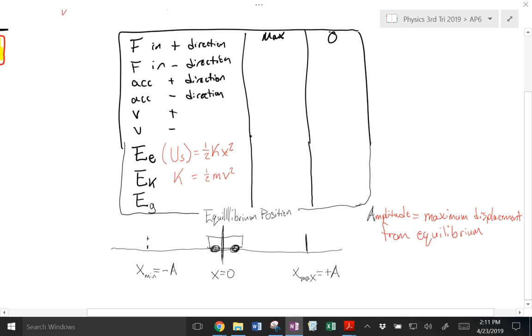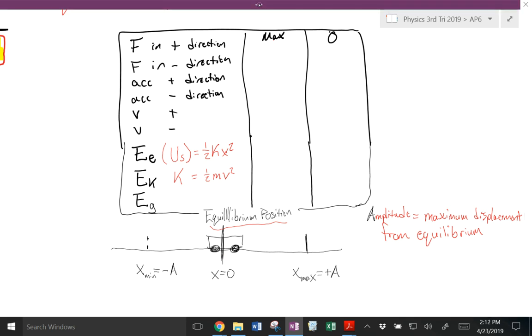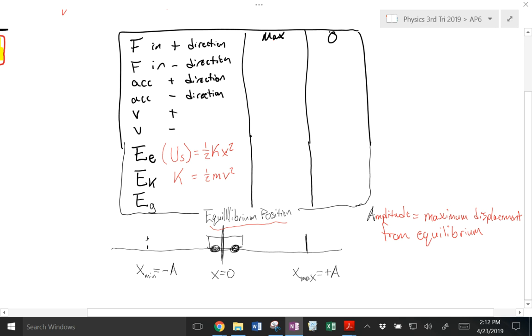So we'll just kind of zero things out at equilibrium. So this is the equilibrium position. X is 0, and then the X max would be positive A, and the X min would be at negative A.